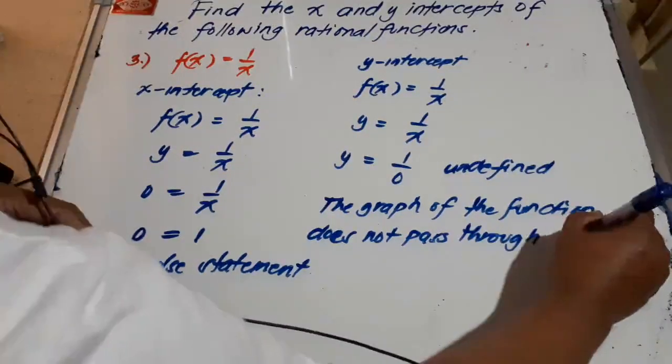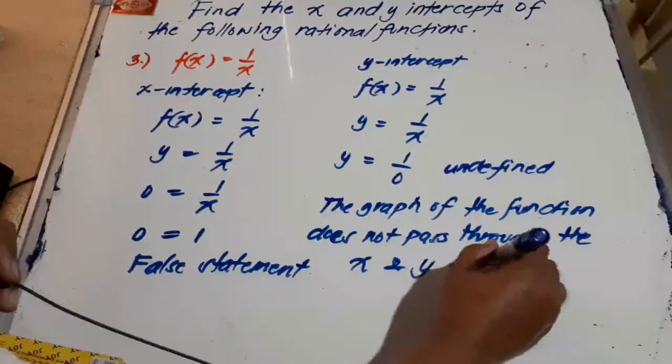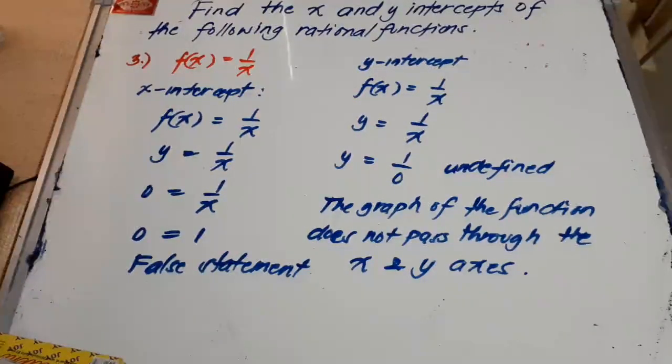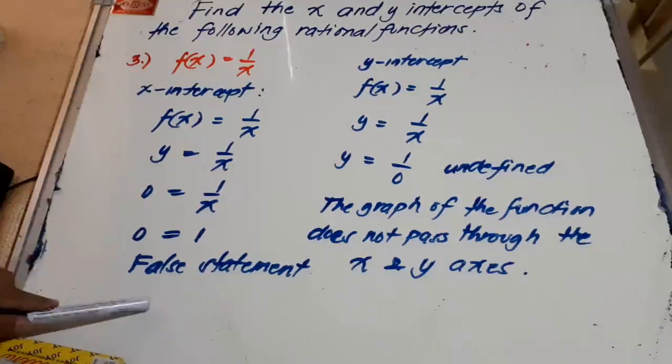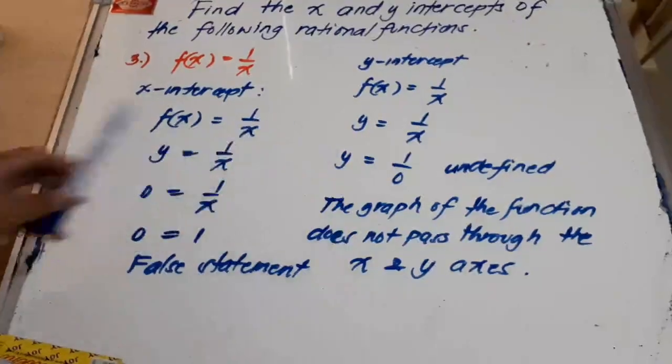Through the x and y axis. Okay? Ibig sabihin, pag ni-graph natin tong function na 1 over x, hindi siya tatama sa x-axis at hindi rin tatama sa y-axis. So, yon ang ibig sabihin ng false statement at yung ating undefined dito sa y-intercept.